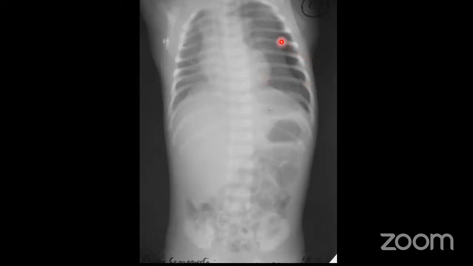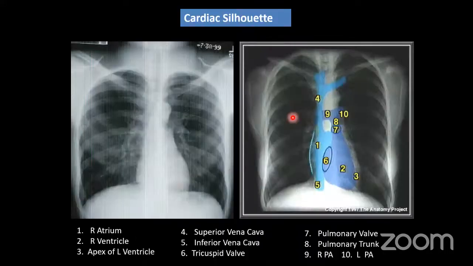If you look carefully on the left side, there is a denser, opaque shadow, and there we cannot see any bronchovascular markings. Here, the difference between that heavy anterior axillary fold and here, we can see the collapsed lung margin. So it is a left-sided pneumothorax, and this is the collapsed lung margin.